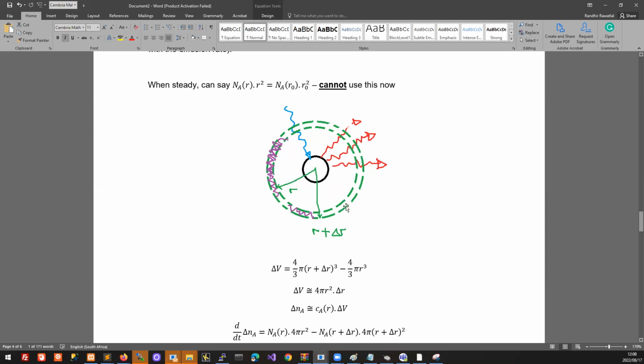If this was a real ball with a radius of say 20 centimeters and a thickness of 5 millimeters, then this position on the outer surface would be 20 centimeters plus 5 millimeters. If you define the ball radius in terms of the inside position, so r is 20 centimeters, and there's an additional thickness of 5 millimeters, then r plus delta r is 20 centimeters plus 5 millimeters.